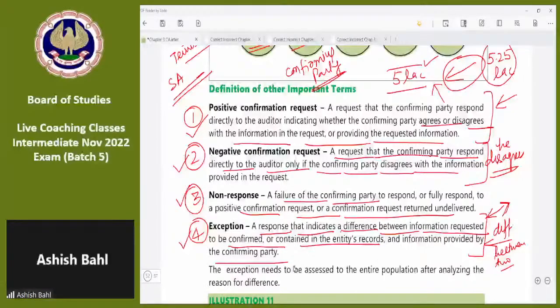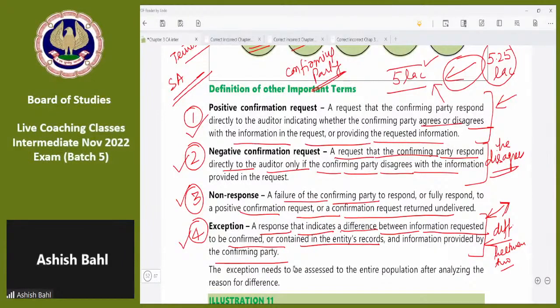In the negative confirmation request, I have already asked him to respond only to a specific situation. So that is why it is not included in non-response. Is that clear to you, Ayush Agarwal? Yes, Ayush, is it clear to you?